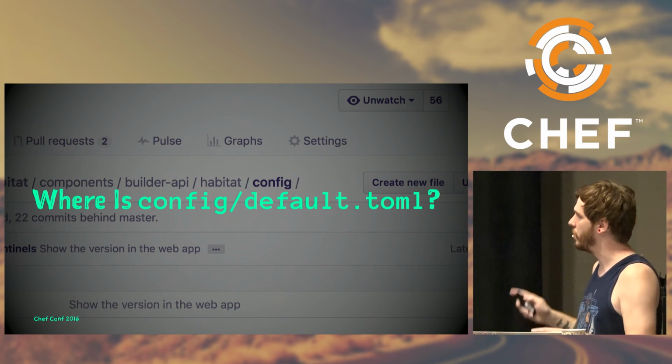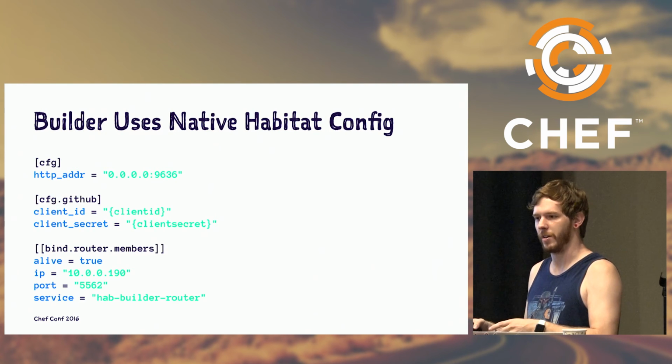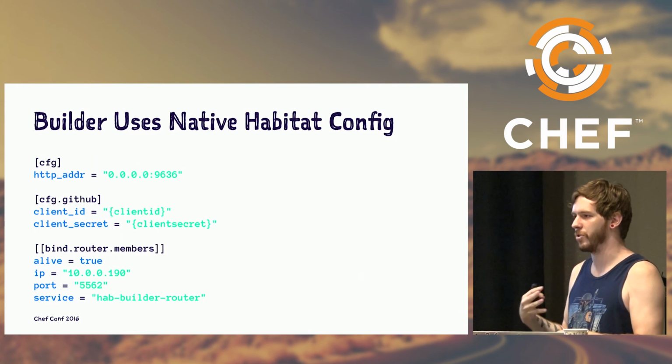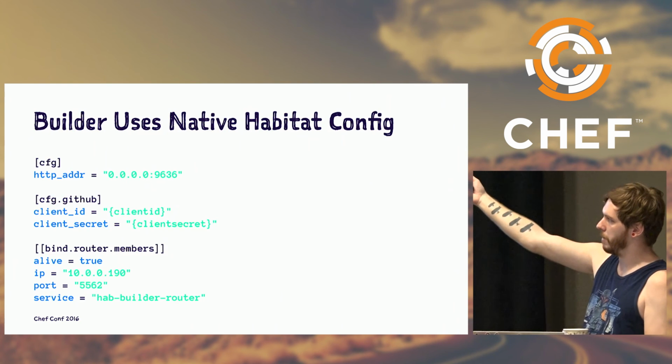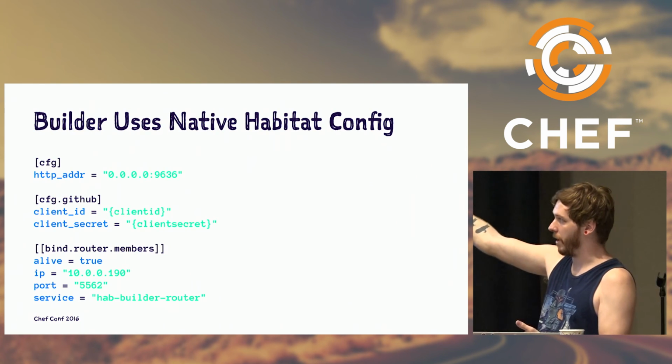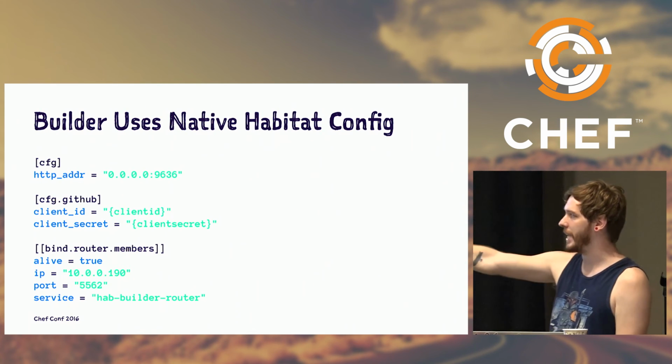The reason there's no toml is because Builder uses the native configuration that Habitat Supervisor just dumps out anyway. And this is some of that. You can see that there's some generic configuration up there. And then down here at the bottom, bind routers members. That's actually dynamic.